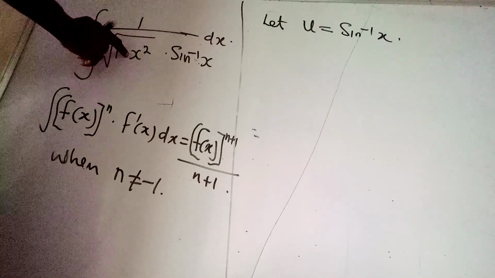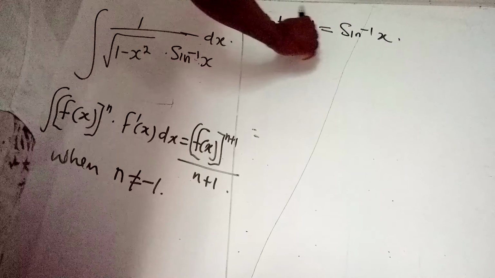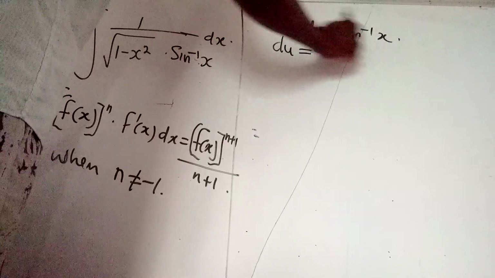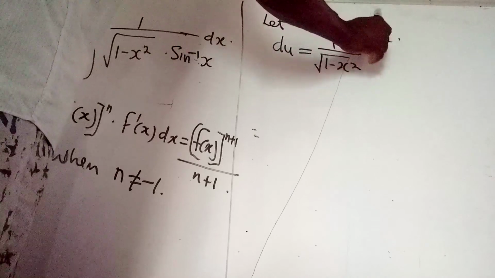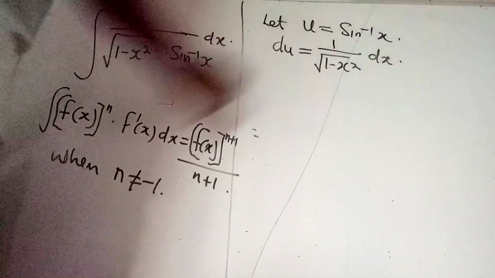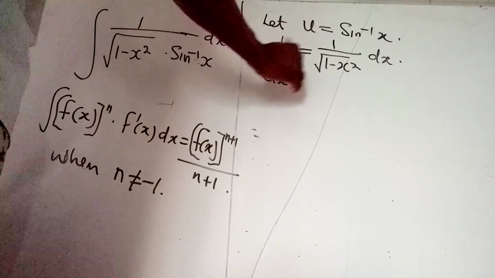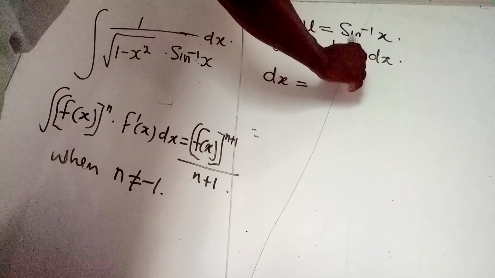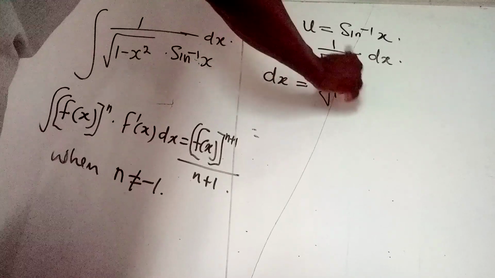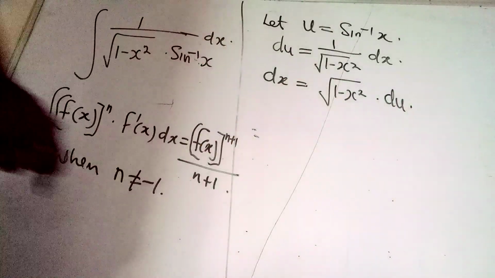This will be the result of differentiating this. So du will be equal to 1 over square root 1 minus x squared dx. By cross multiplication, dx equals square root 1 minus x squared multiplied by du.